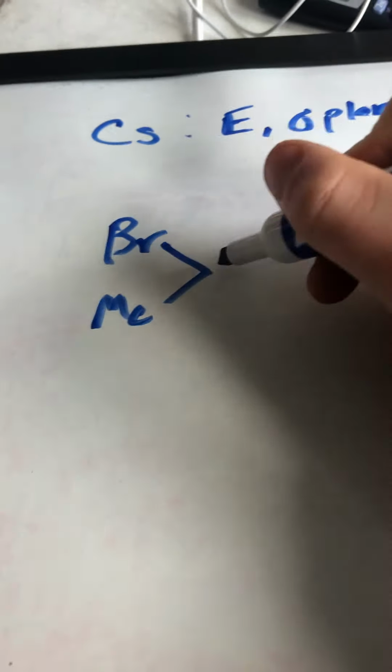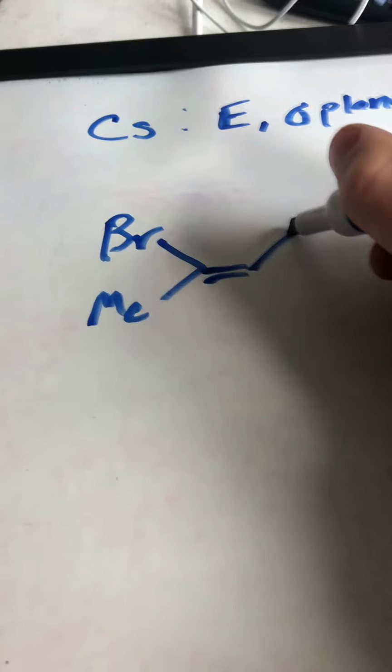Sorry about that. Ethylene. Basically, you can have a bromine attached to a carbon with a methyl group, double bonded to that. A chlorine is attached with another methyl group.